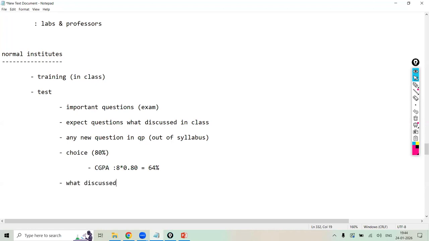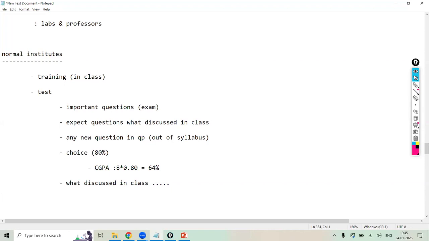What was discussed in class, this is the main important point. You have to ask in that only. You can't ask even one question from outside, and you can't change the example also. Exactly the same example you have to replicate in the question paper. Then only I will write. Otherwise, no.